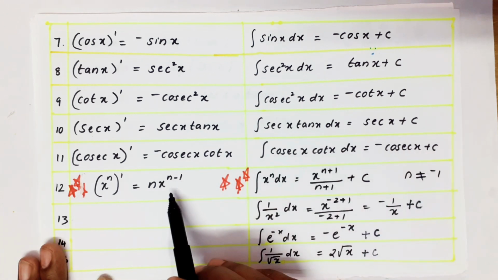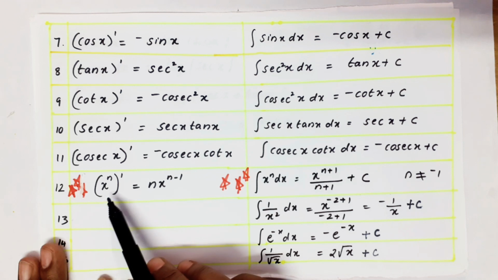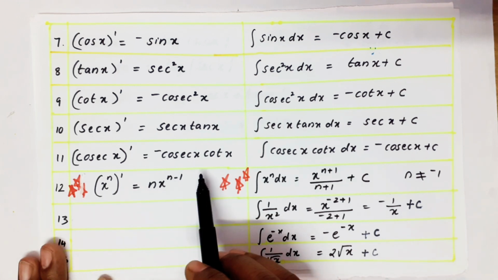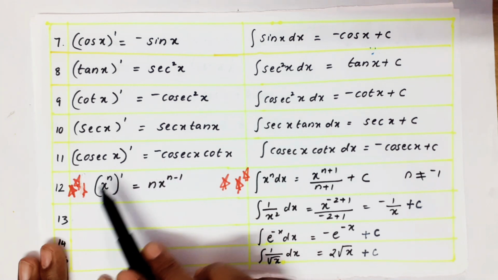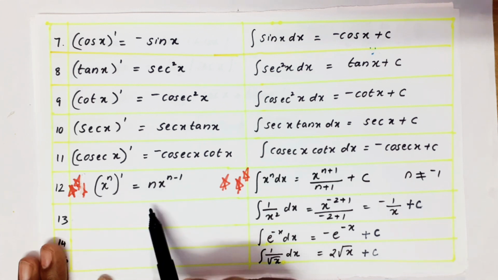Now I am coming to a general relation. We know that x power n dash is n x power n minus 1. This is the standard formula for derivative. Right? Or d by dx of x power n is n x power n minus 1.